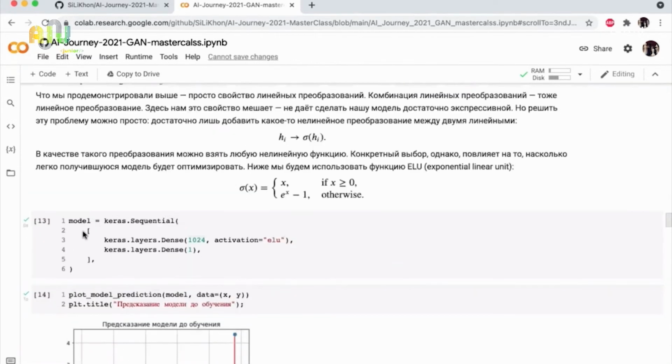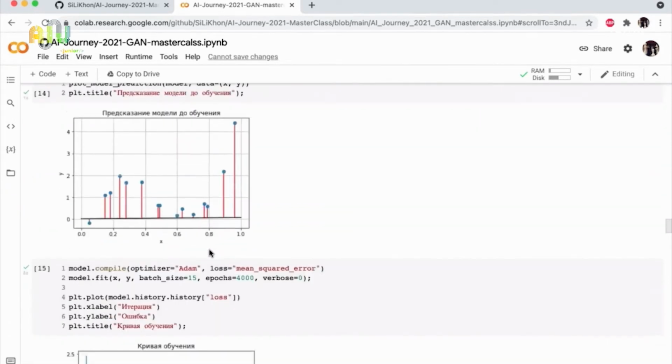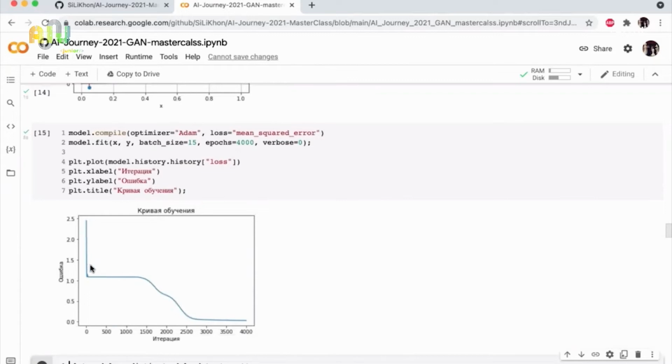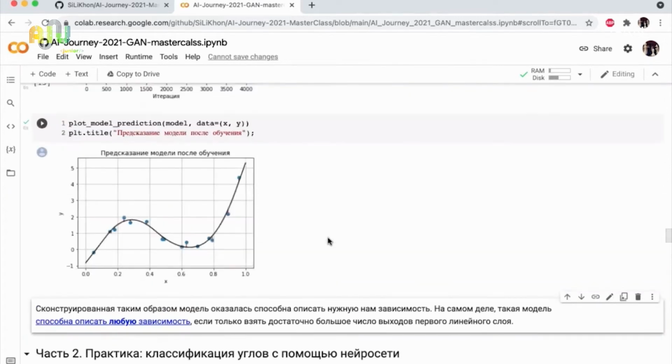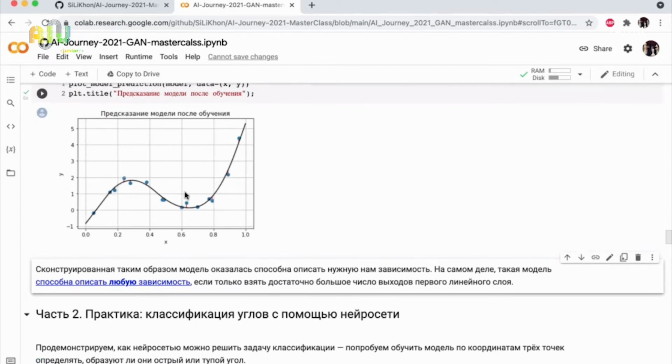It depends on how complex the task is and how parameters were initialized. But you see that we managed to reduce error to almost zero, very low values, and again, we have something very close to a cubic polynomial.